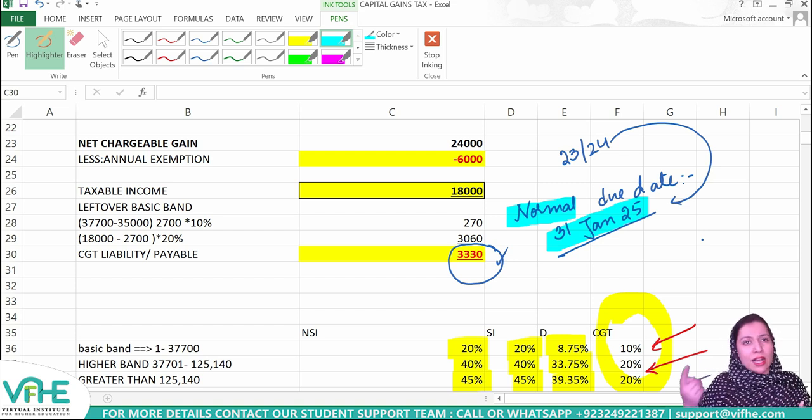But that is going to be discussed later, and that is only relevant when UK residential property is sold. Apart from that, the normal due date for the payment of capital gains tax liability is 31st of January after the tax year, which for this tax year of 23-24 would be due on 31st of January 2025.